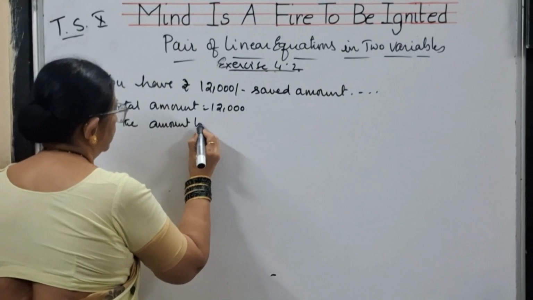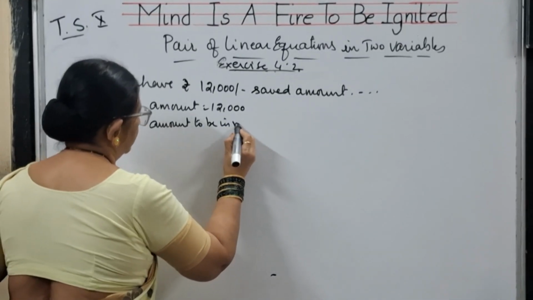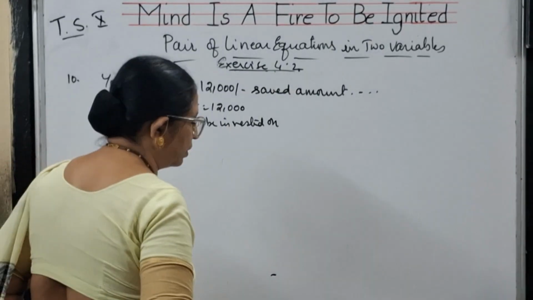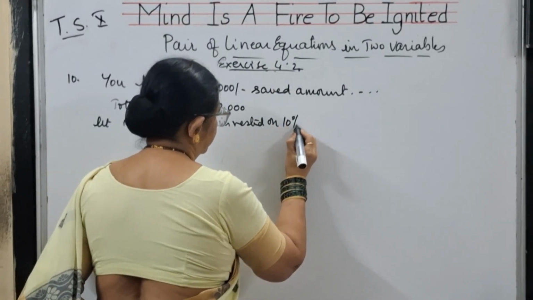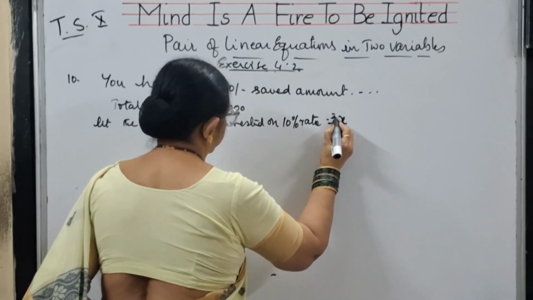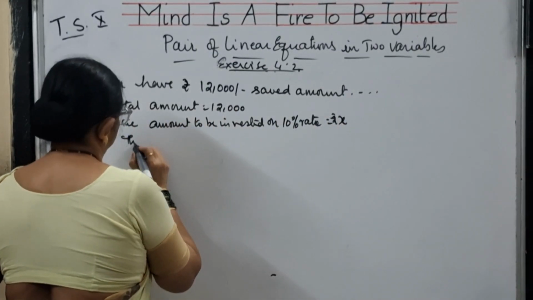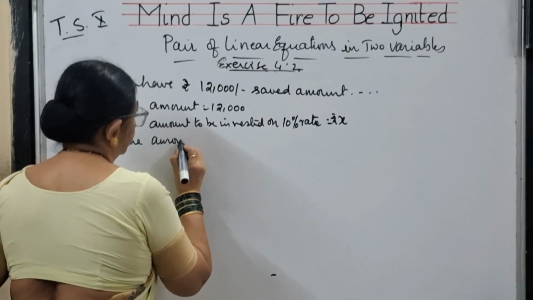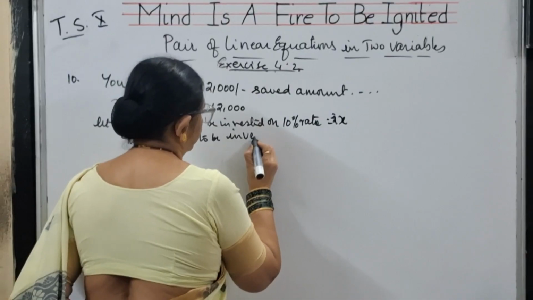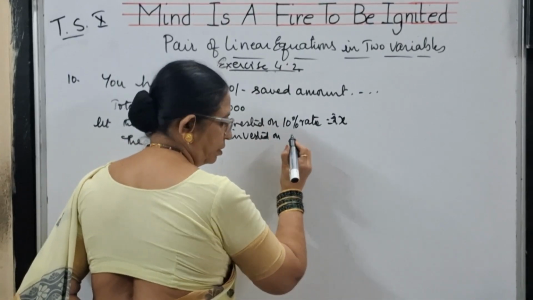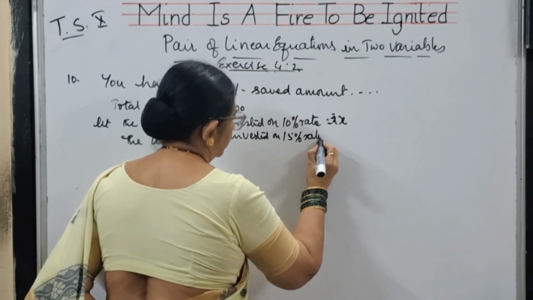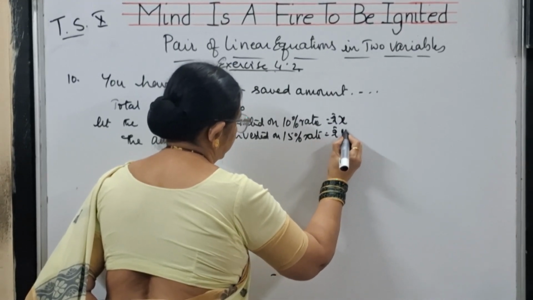Let the amount to be invested on the 10% rate be x rupees, and the amount to be invested on the 15% rate be y rupees.